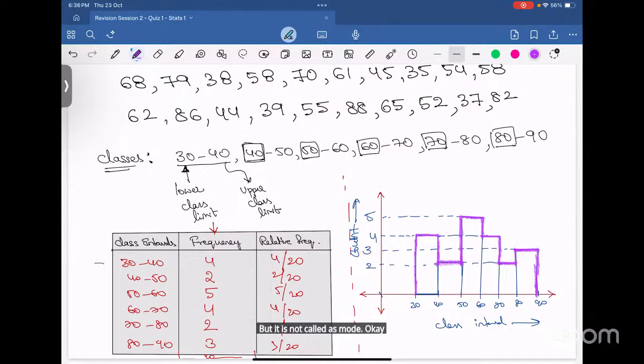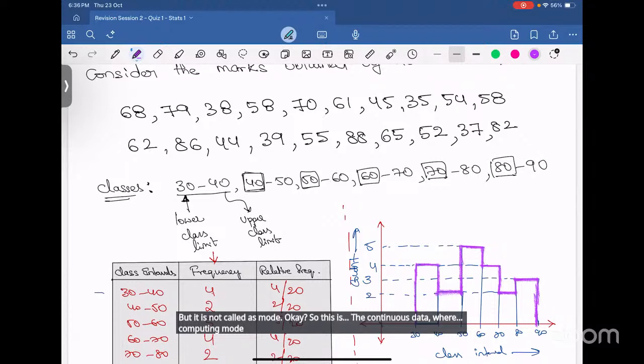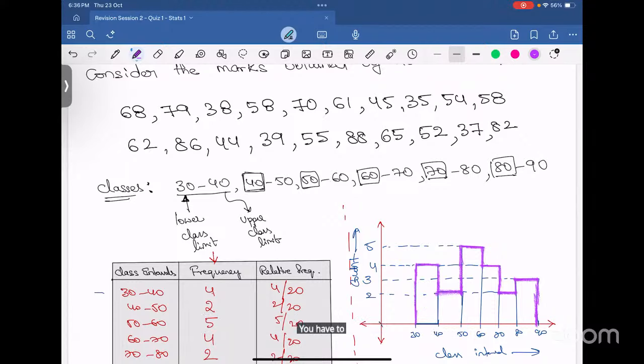So this is continuous data, where for computing mode or median, you have to look into the observations, order them, compute the median, and mode is the value that is repeated most.